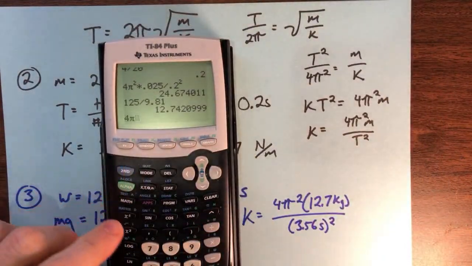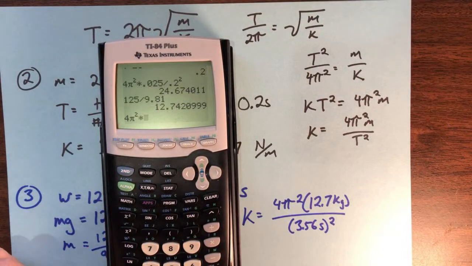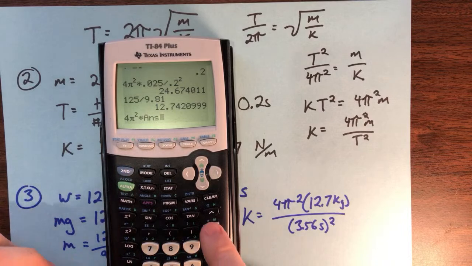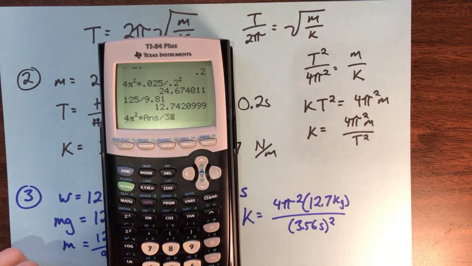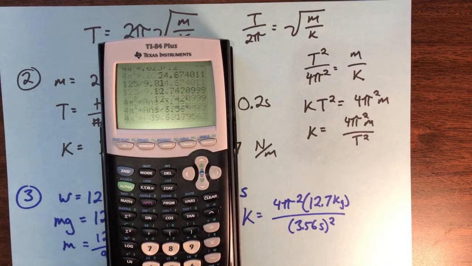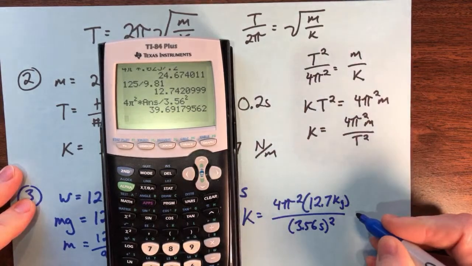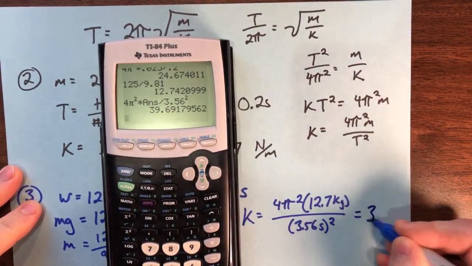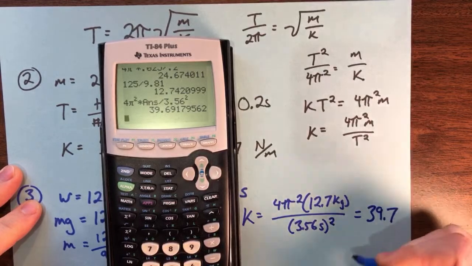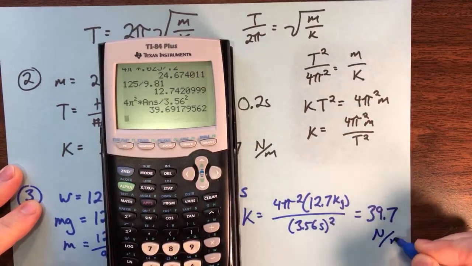4 pi squared times the previous answer divided by 3.56 squared gets me 39.69, so I think we can round that off to 39.7. And once again, units are going to be newtons per meter.